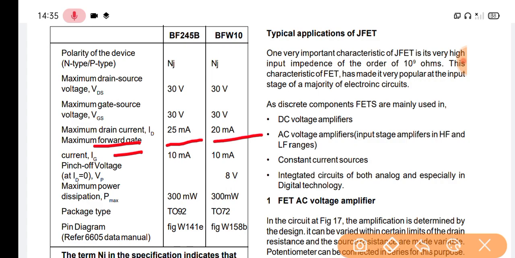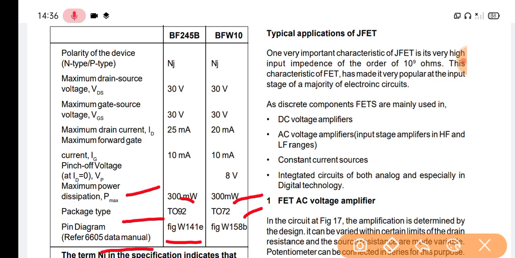Forward gate current IG, pinch-off voltage VP at drain current ID 0, 10 milliampere and BFW 10 milliampere. Maximum power dissipation Pmax 300 milliwatt. Package type TO-92 or BFW10 TO-72. Pin diagram referred 6605. Data in manual FIG W141E, FIG W158B.